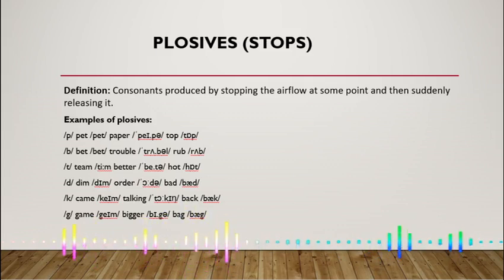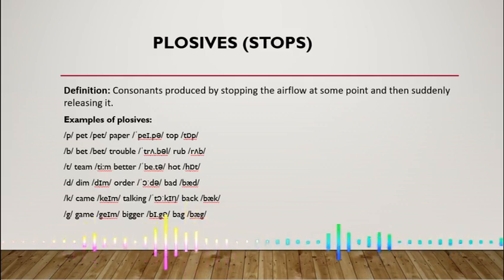The first manner of articulation that we are looking at is the plosives. Plosives are also sometimes called stops. Plosives or stops are created by stopping the air completely and then suddenly releasing it.